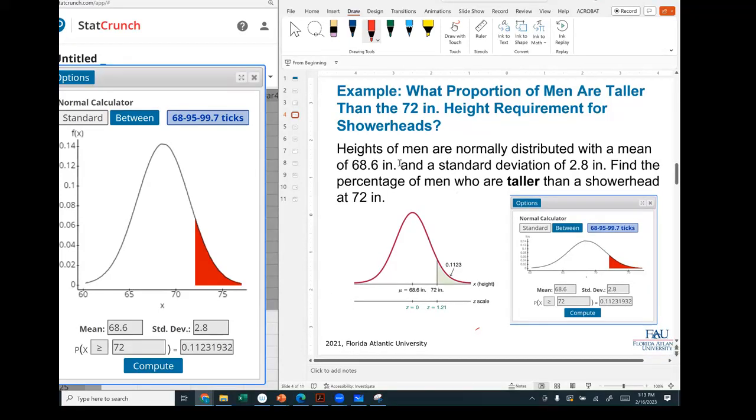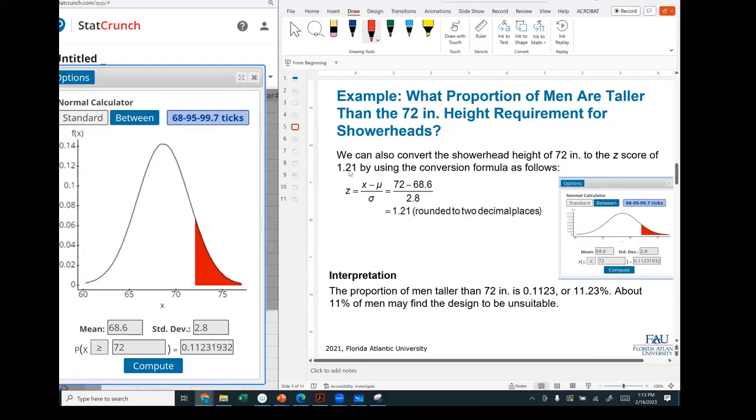And then, we could also convert 72 inches to the Z-score by using Z equals (X minus mu) over sigma. X is 72 minus mu, which is 68.6, divided by 2.8. That would give me a Z-score of 1.21.